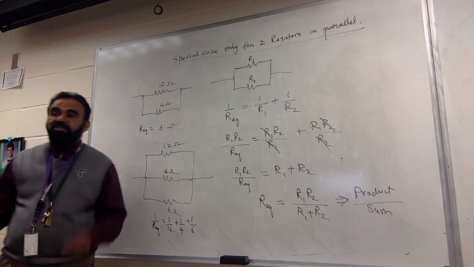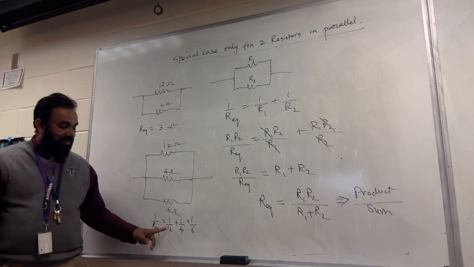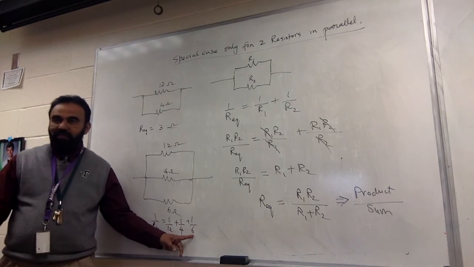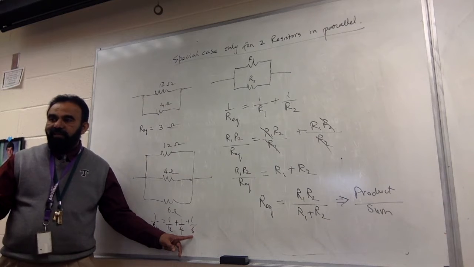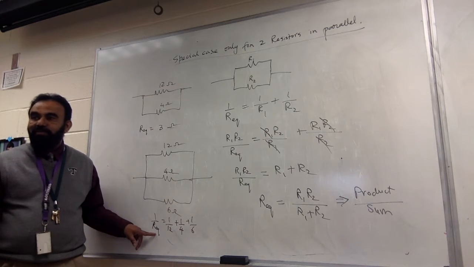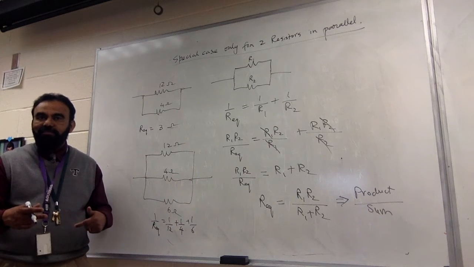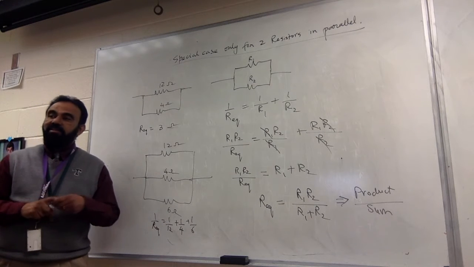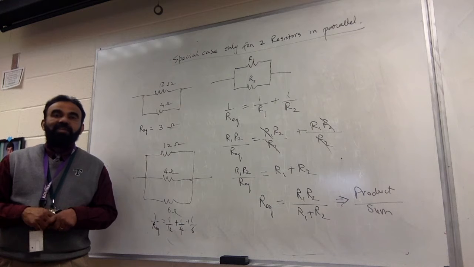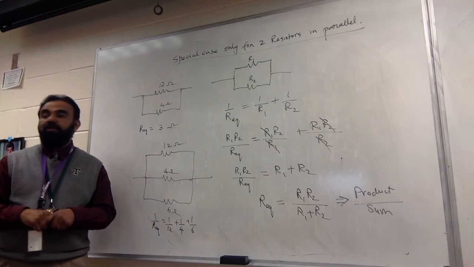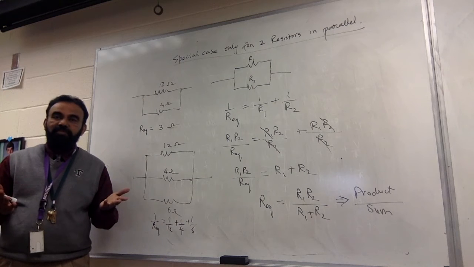But the very common mistake students make is they plug this and this and this into the calculator properly and they enter, and they forget that that is 1 over R equivalent. You have to flip it. And the other thing I recently discovered is that students have no idea about a button on the calculator that will flip your answer for you.